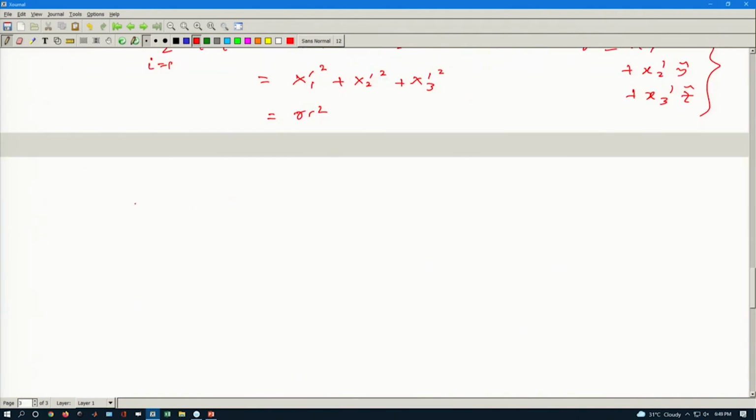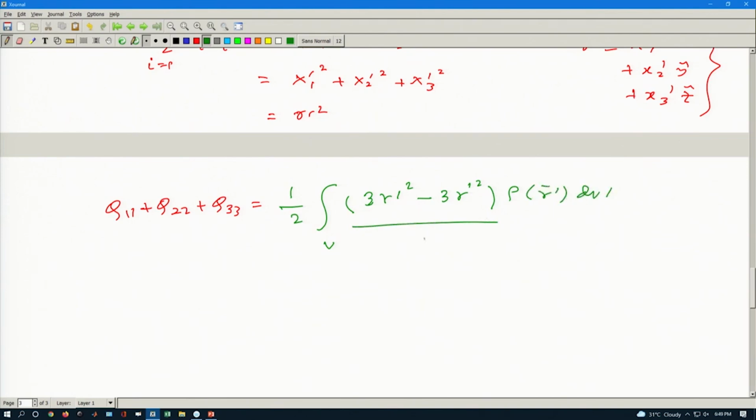So, eventually what I get is q11 plus q22 plus q33 is equal to the right hand side, half integration of 3 r prime square minus 3 r prime square, there is a minus sign, a very important minus sign, so I should not mess up here, and then bracket close rho of r prime dv prime, and this quantity is simply 0.